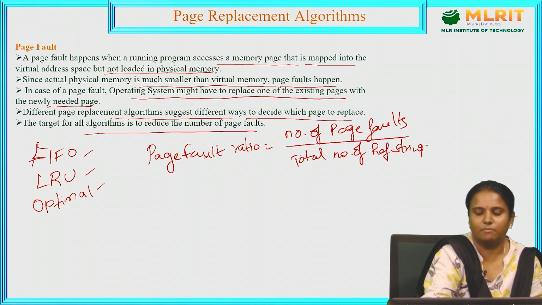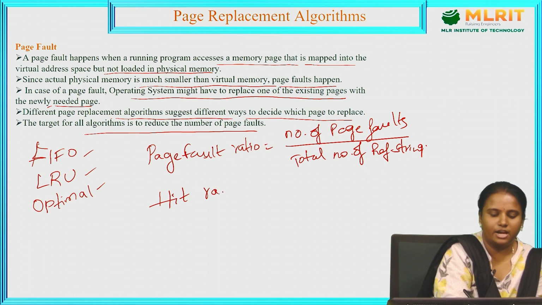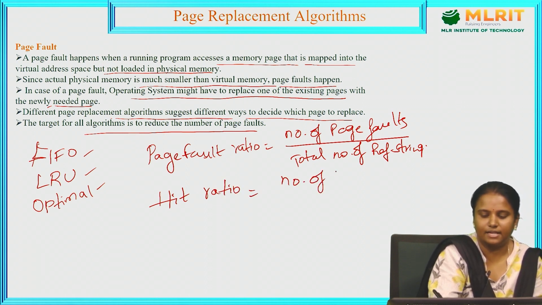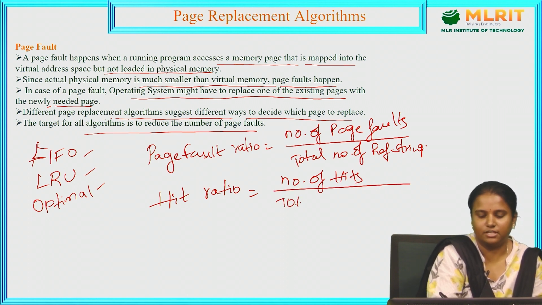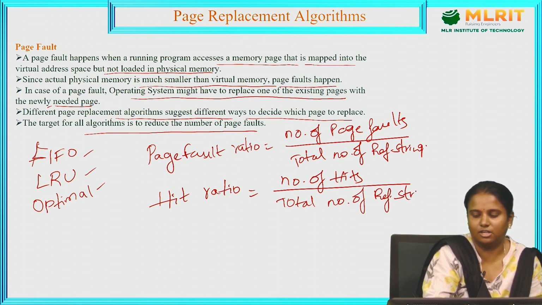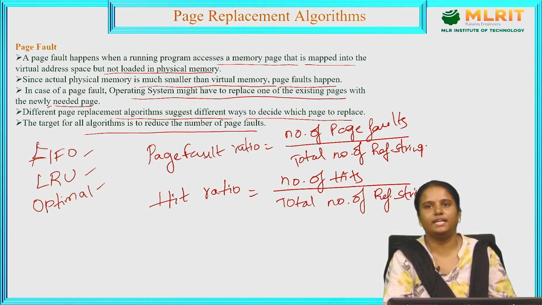This is the page fault ratio, and we need to calculate the hit ratio also. Hit ratio is equal to the number of hits divided by the total number of reference strings. The reference string is nothing but the given numbers that we need to work with. So this is the page fault ratio and hit ratio.